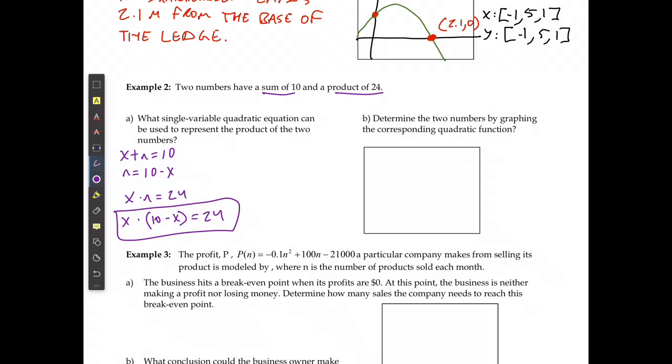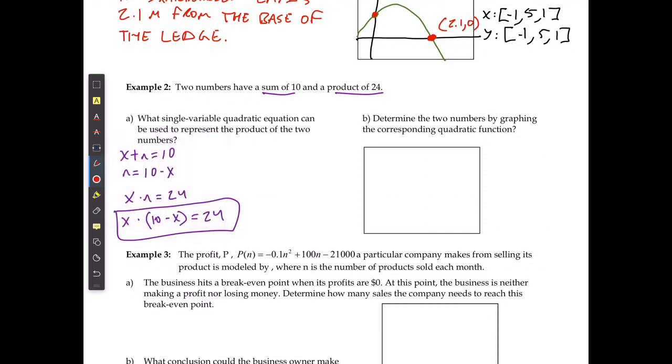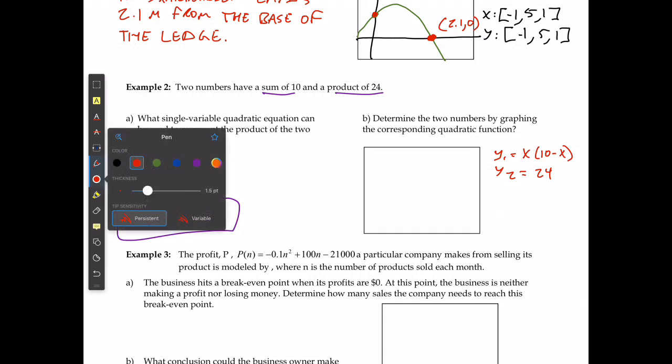So, when I'm graphing this out, I'm going to state that y1 is equal to x bracket 10 minus x. y2 is equal to 24. I'm going to change my window settings.